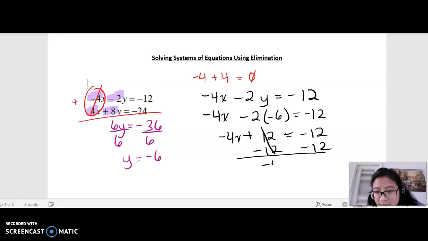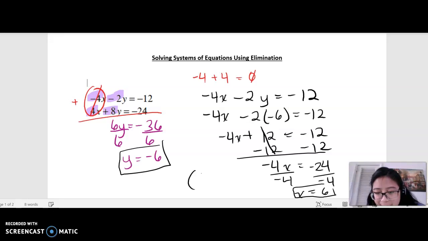All right, and then you're left with 4x is equal to negative 24. And you can just go ahead and divide again by negative 4, and you're going to get x is equal to 6. So my full answer is going to be 6, negative 6.